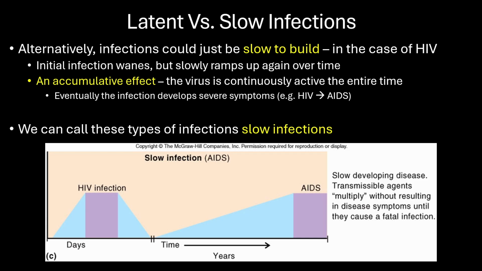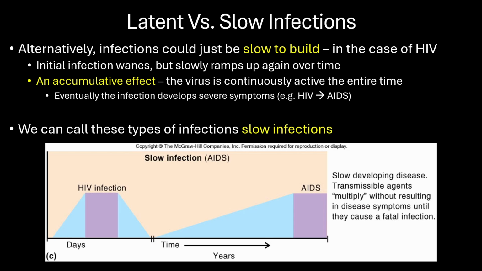It steadily ramps and ramps and ramps, and then eventually it can transition into a full AIDS infection. It's the same infection, it's just the effect of time that has allowed it to manifest as AIDS rather than HIV.